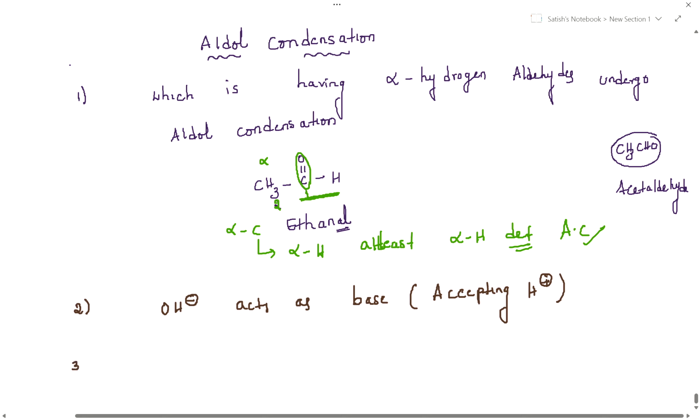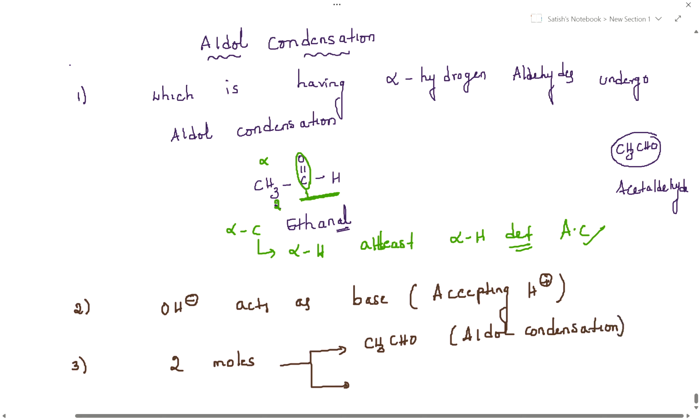Now the third point. Whenever Aldol condensation is going, it requires 2 moles. Here I am writing the summary again. If you take the same molecule, CH3CHO, then that is called just Aldol condensation. Between two similar aldehydes, we call it Aldol condensation.